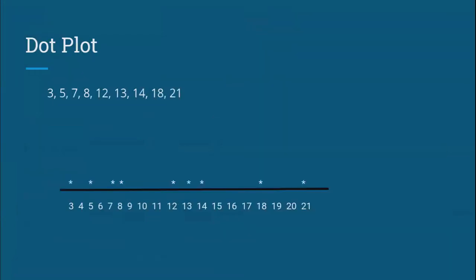Okay. Now, the dot plot. There's nothing going on the dot plot. There are no repetitions. So this is what the dot plot would look like. But the advantage of the dot plot is, even if you were not given the data set, you could derive the data set without question from this dot plot.